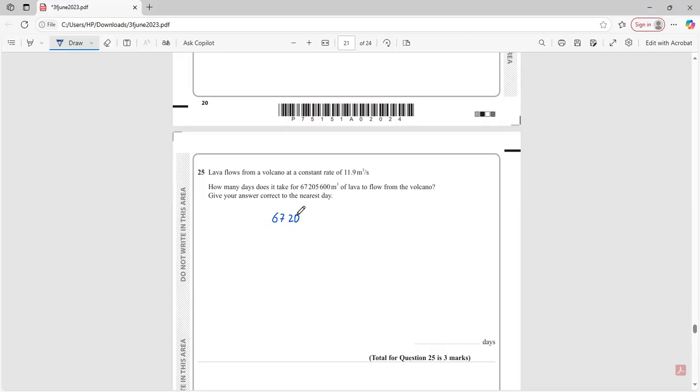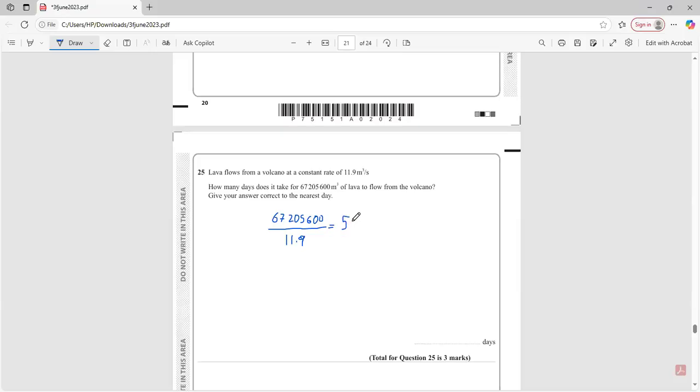So we're going to divide, just like you said, the big number, 67 million, 205,600 by 11.9. So when you do that, what did you get? 5647.